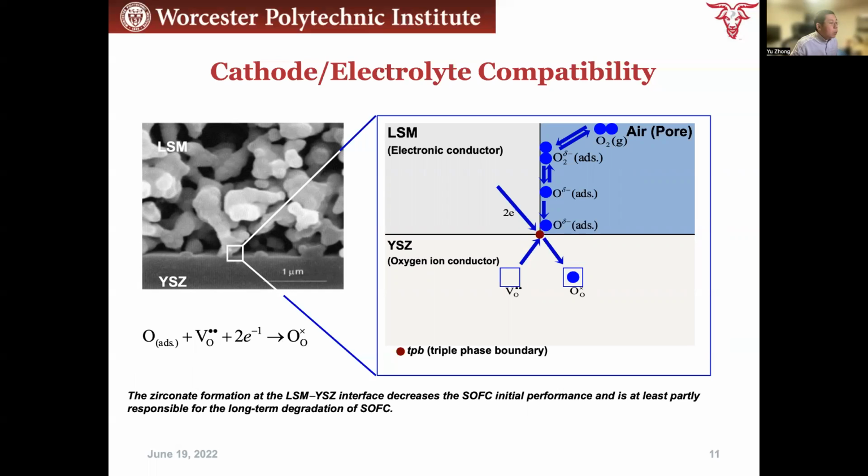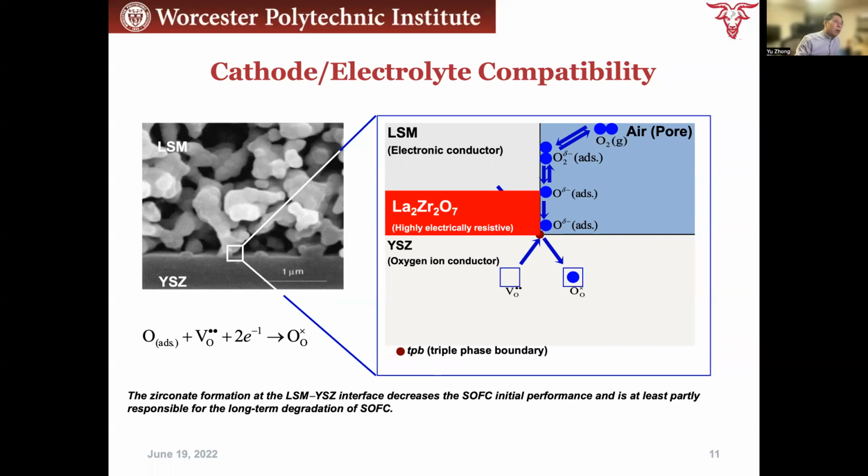The three phases we're talking about are LSM, the cathode, air, and YSZ. You have to have these three phases there, and then you can have this reaction happen. If there's anything wrong at this point, then the reaction will stop and you will observe the performance drop.